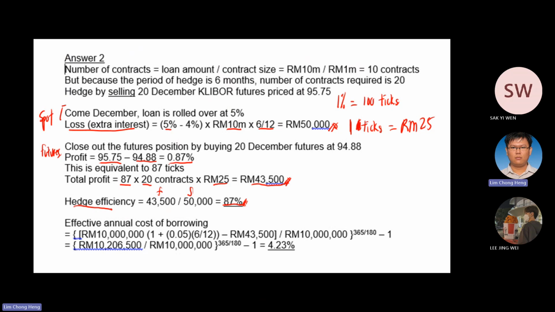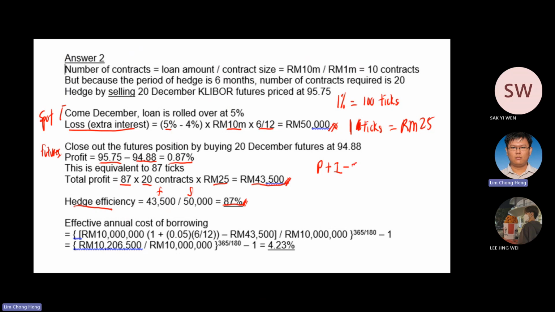And after this, the question can also ask you for the effective annual cost. For the effective annual cost, we use principal plus the interest we pay. Remember, we have compensation from the future market. So on the interest side, you can use the profit on the future market to partially offset your cost.